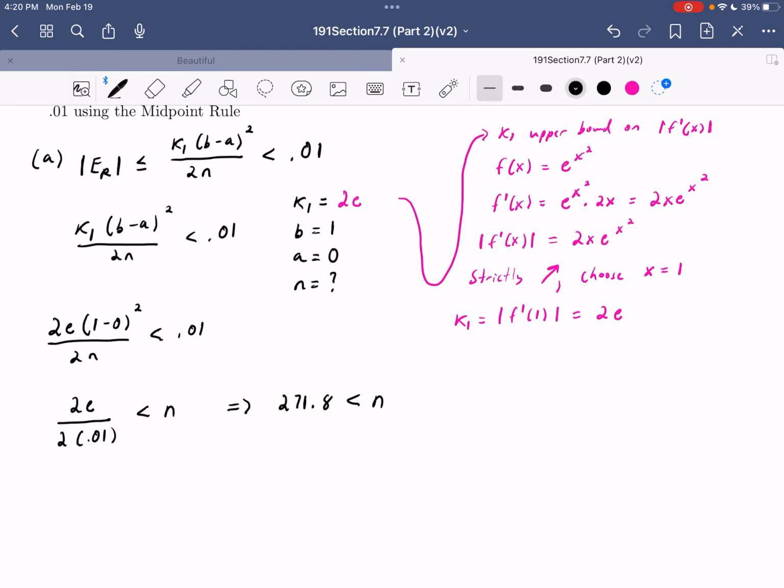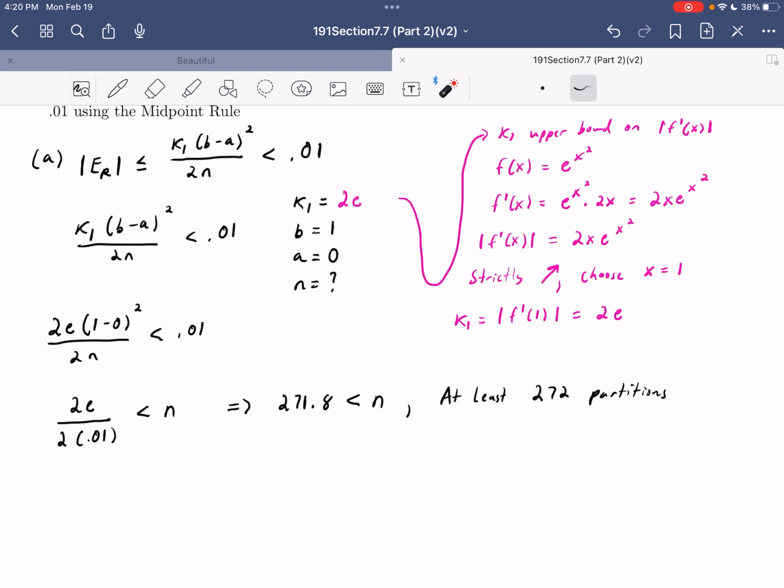Now the number of partitions is the number of rectangles that you're using, so it has to be a whole number. So we can say that this is at least 272 partitions. That's saying that if you did at least 272 partitions, so 272, 300, 500, whatever, but at least 272, the error you would get would be no more than 0.01.